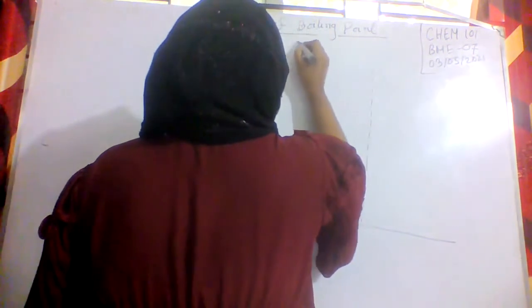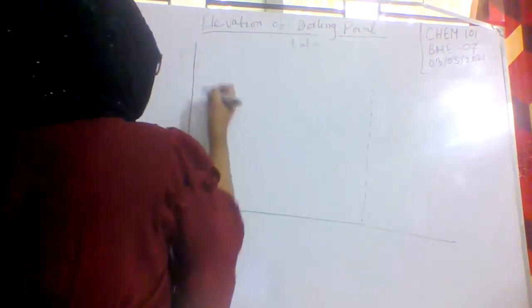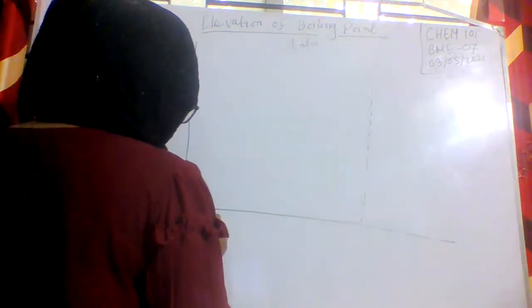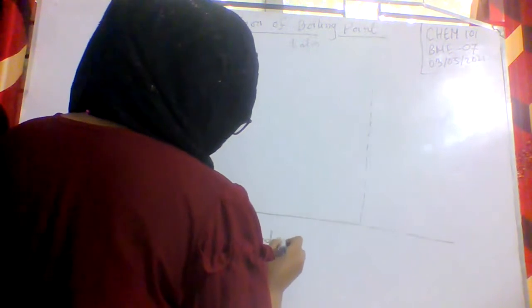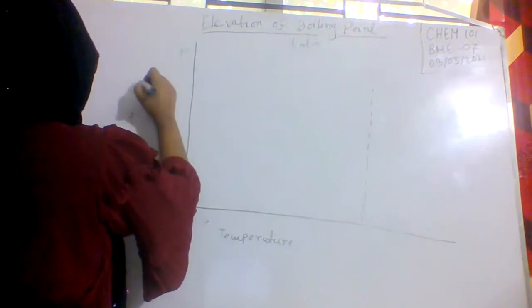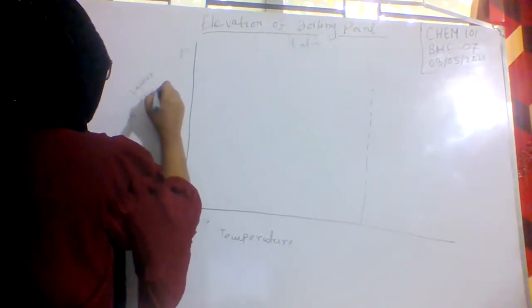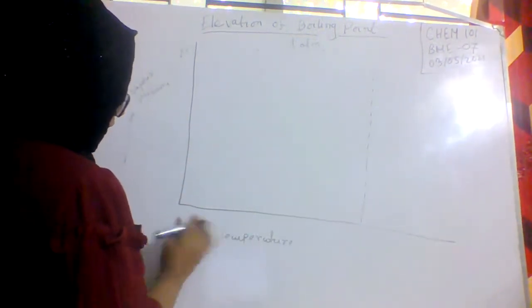Suppose this is the 1 atmosphere pressure here, P. And suppose this is the temperature curve. Here it indicates the vapor pressure along the y-axis, and along the x-axis we have the temperature.